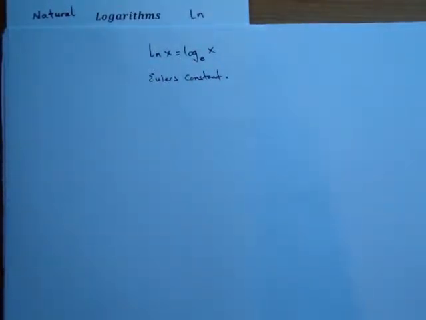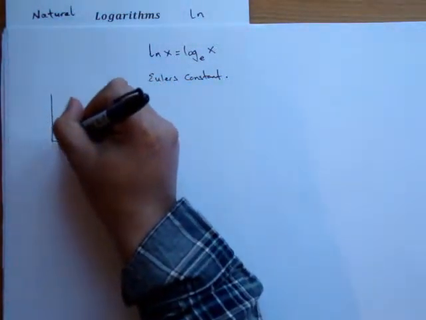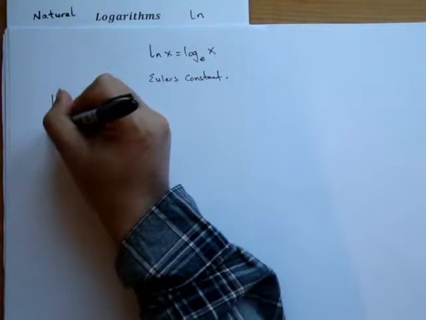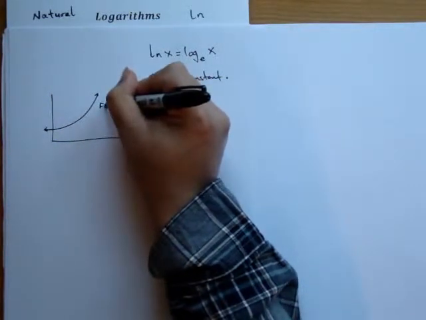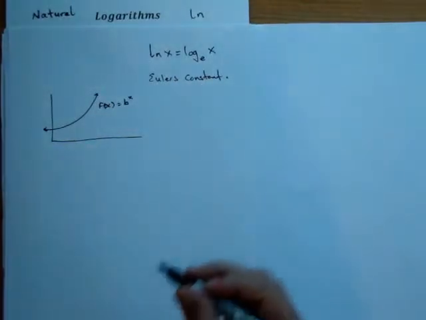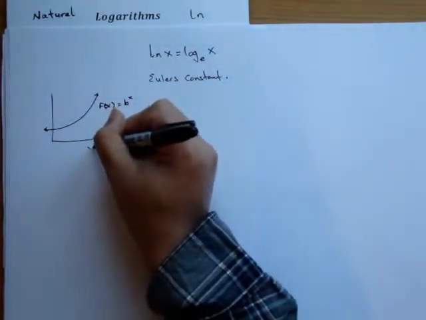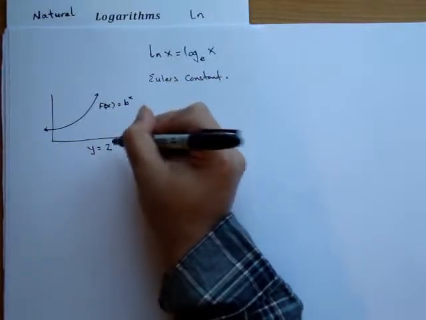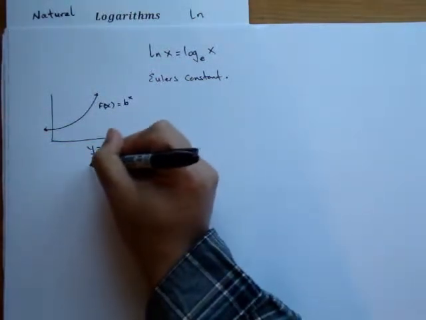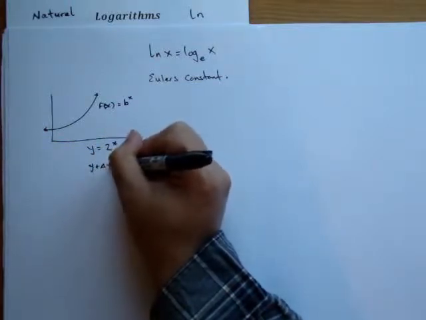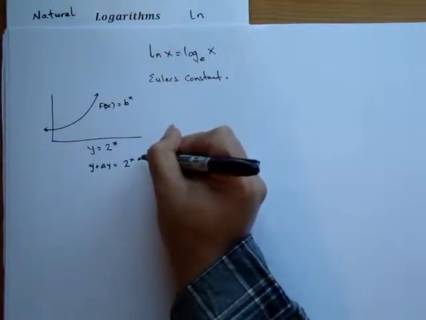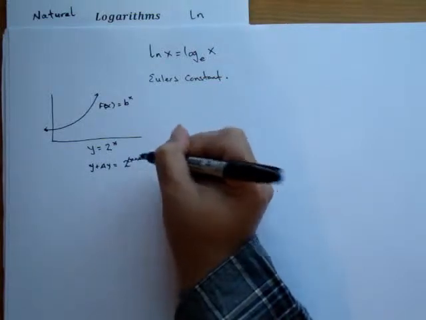Well, if we look at a graph of f of x equals b to the x, and especially take an example where y equals 2 to the power x, and differentiate this from first principles, we get y plus delta y equals 2 to the x plus delta x.